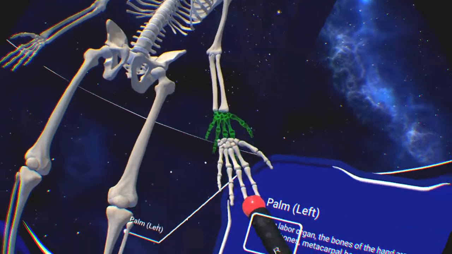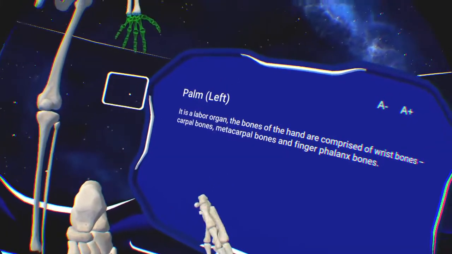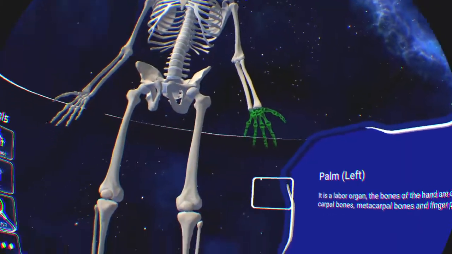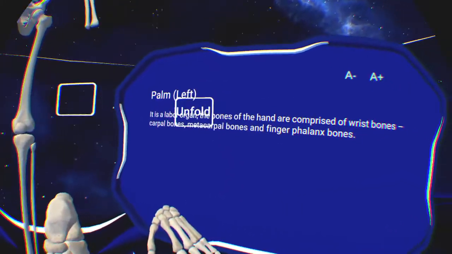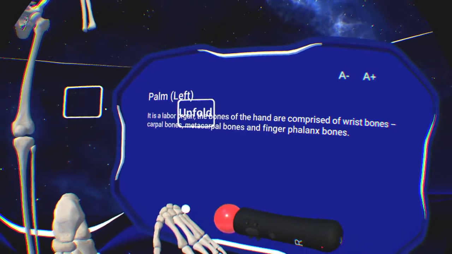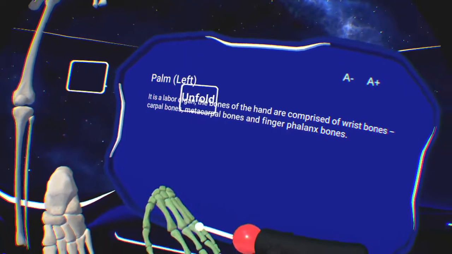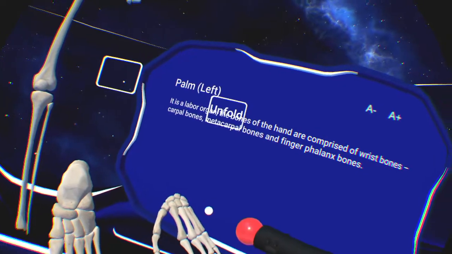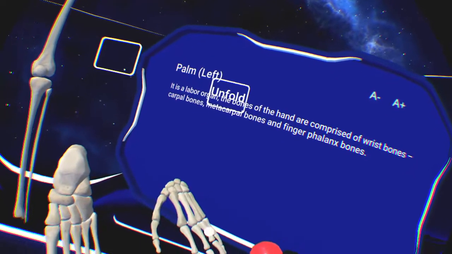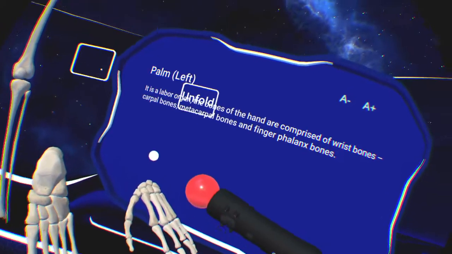Let's bring the hand out. Just like we have the palm of our hand here, underneath our hand is not one big massive bone. It's still very long fingers all the way down to your wrist.